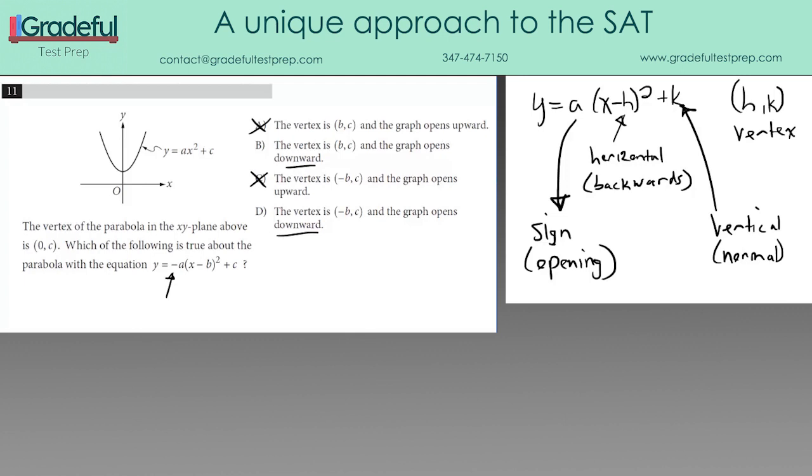Now inside of the parentheses, we have something being subtracted from x, and that is normal for the vertex form of the parabola. We said that when something is negative added to x on the inside, it's shifted to the right. And so we know this thing is shifted to the right by the amount of b. And the thing on the outside, that's our vertical shift, and that is normal.